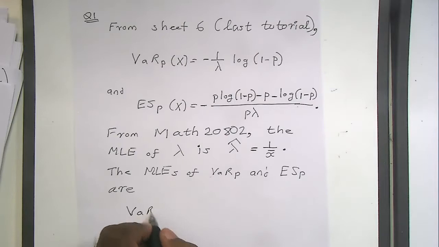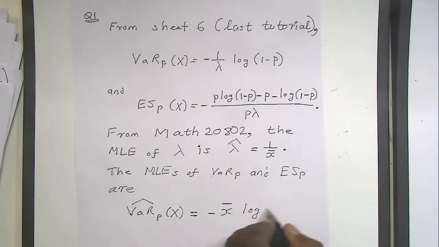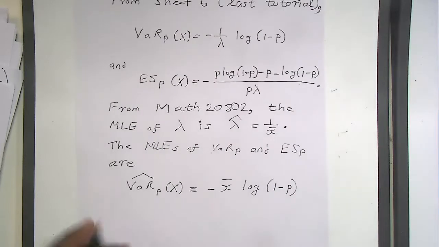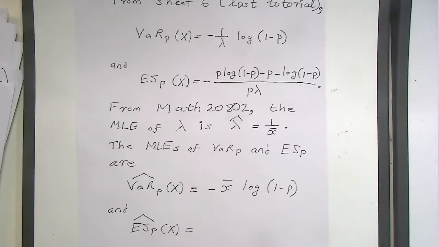All you have to do, guys, is replace lambda by lambda hat. So you get this as the estimator for VaR, and you get this.